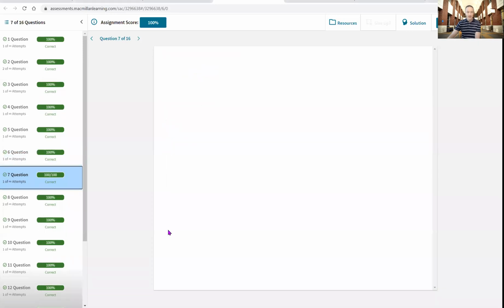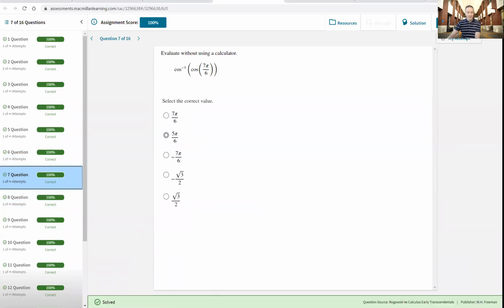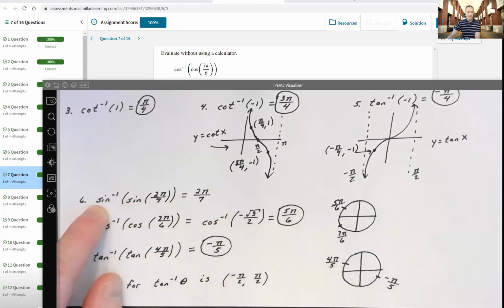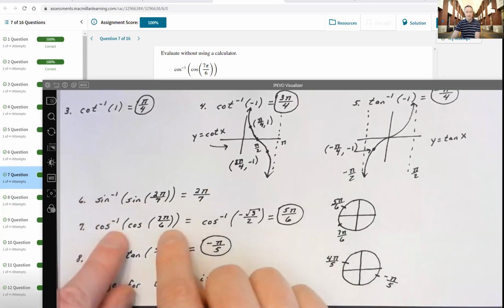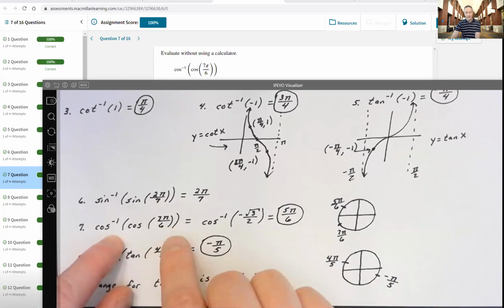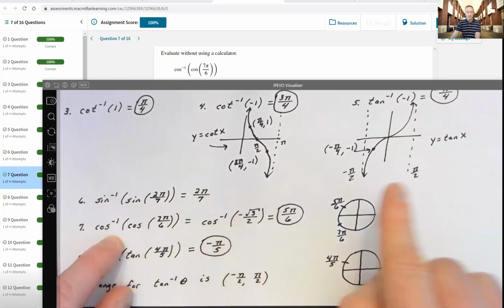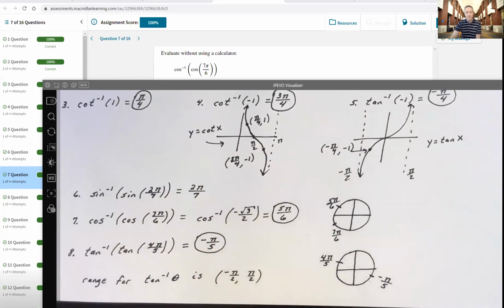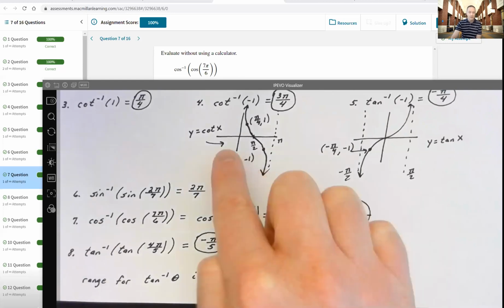Now, for the next one here, it's giving me the inverse cosine of the cosine of 7pi/6. And you can see what I did with that. I said, well, all right, with the cosine graph, and I should have drawn out my cosine graph. When you think about the graph of the cosine function, it's going to complete its cycle.